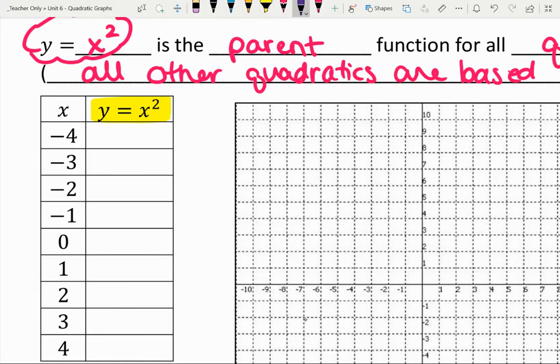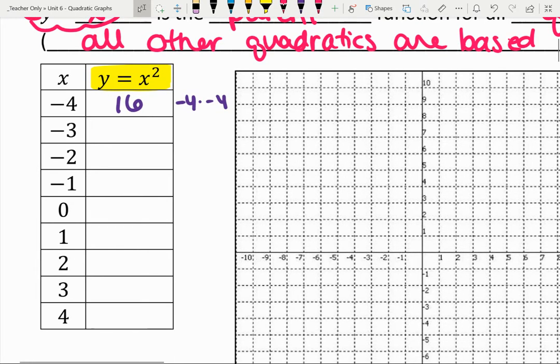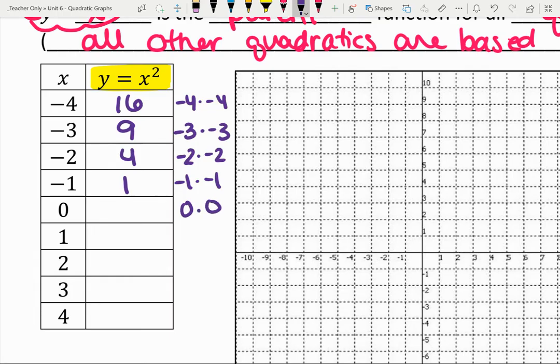So for instance, negative 4 squared is negative 4 times negative 4, which is a positive 16. Negative 3 squared is positive 9. Negative 2 squared is 4. Negative 1 times negative 1 is positive 1. 0 squared is just 0 times 0, which is 0.